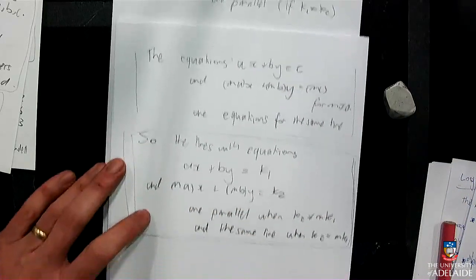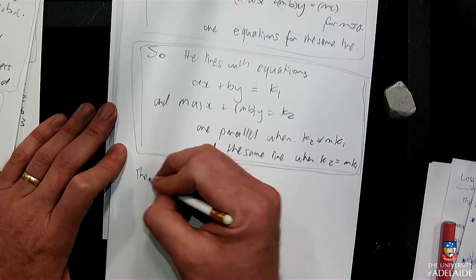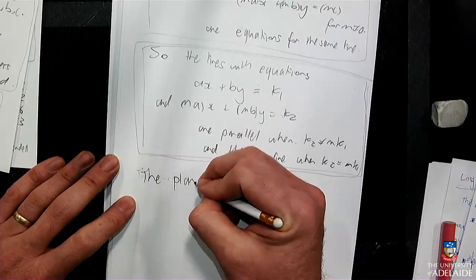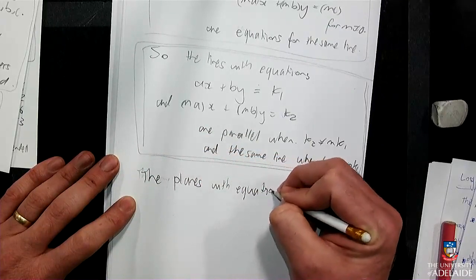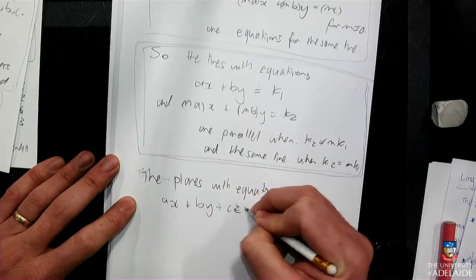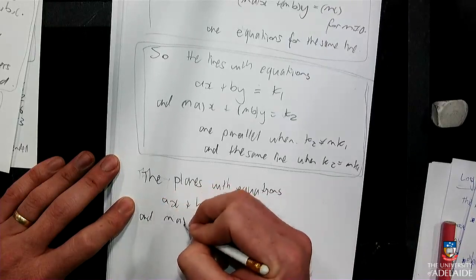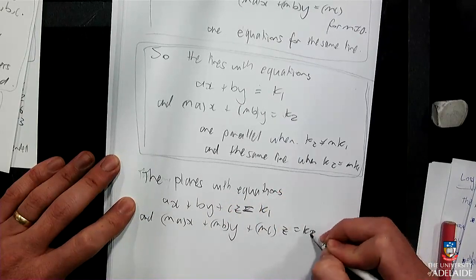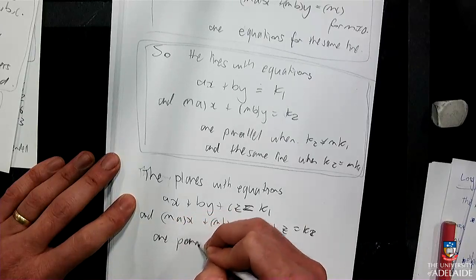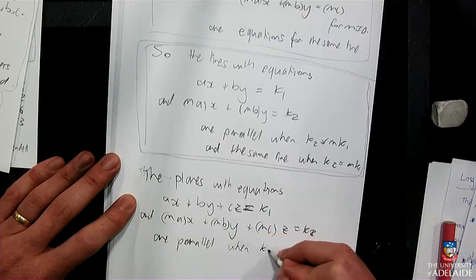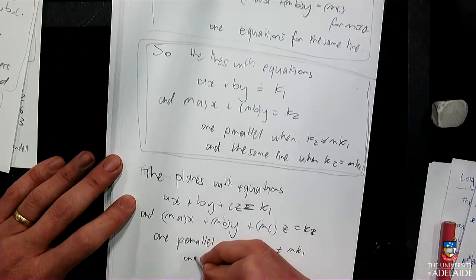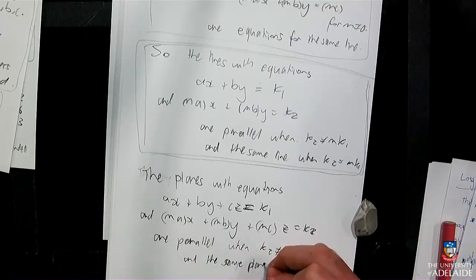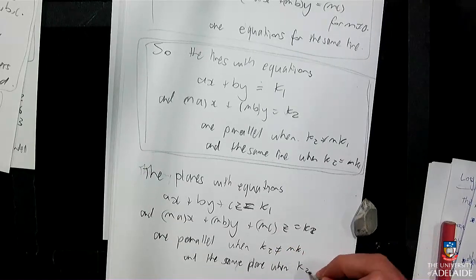And it works for planes too. So for planes, ax plus by plus cz equals k1, and max plus mby plus mcz equals k2, are parallel when k2 is not m lots of k1, and the same plane when k2 is mk1.